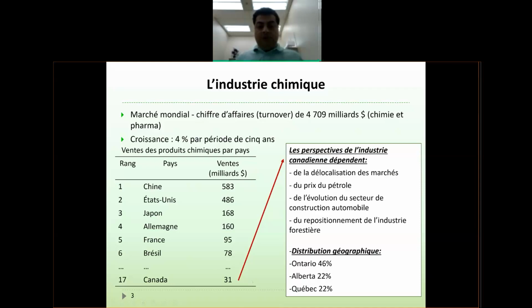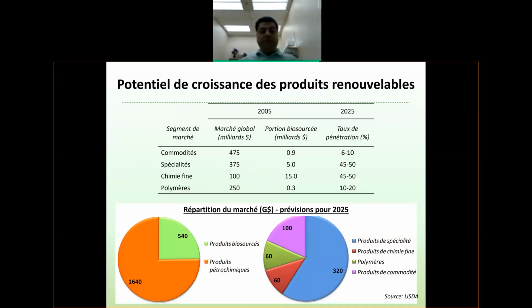So let's go to the next step. Here we have a kind of classification of some special markets: markets of commodity chemicals, special chemicals, fine chemicals, and polymers.